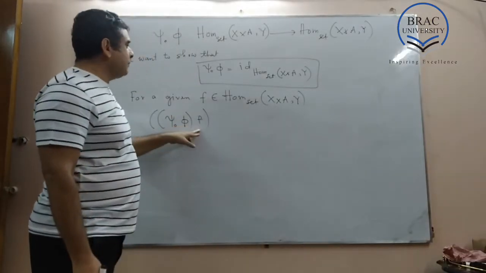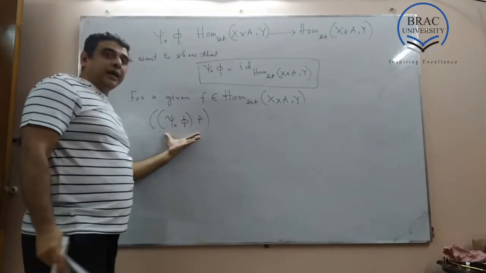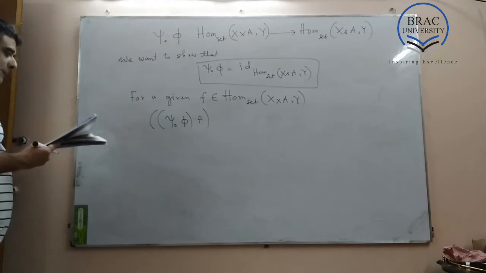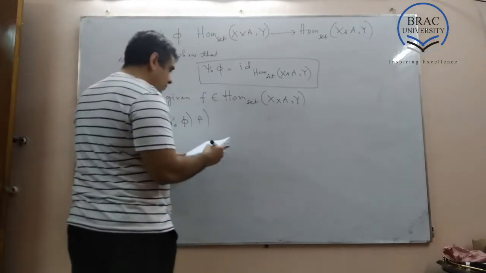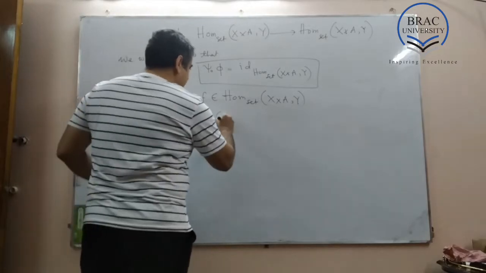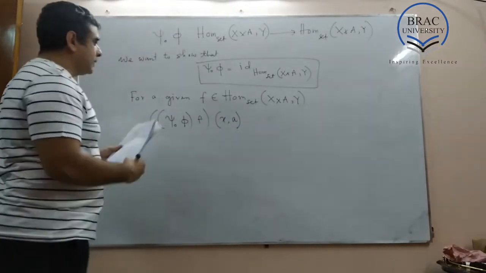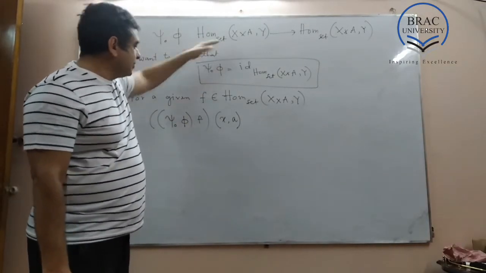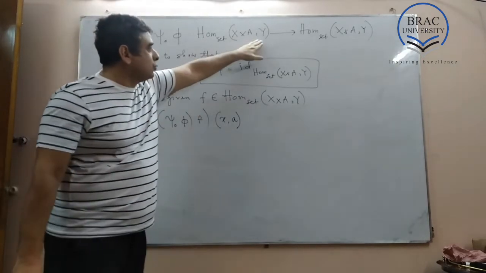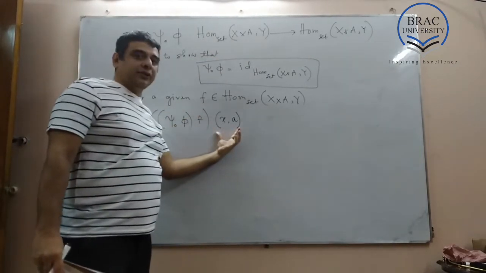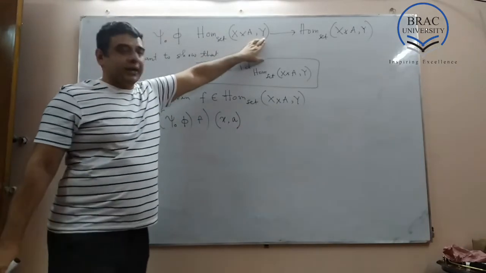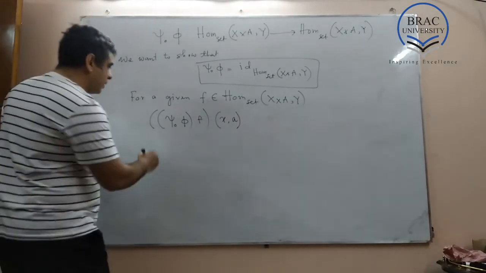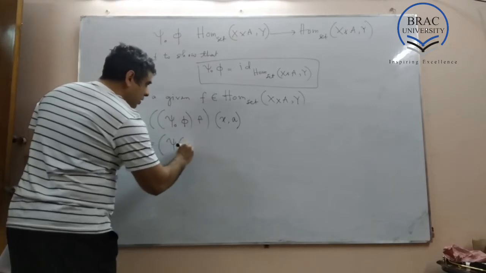And since f is an element in this set, the whole thing is supposed to be in the same set. So by the rule of composition, the standard rule of composition we are all familiar with, the final thing is in this set, and this is nothing but a map from X cross A to Y. So it is supposed to act on the ordered pair (x, a), resulting in an element of Y. So by the rule of composition, we know that this is nothing but psi of phi f.